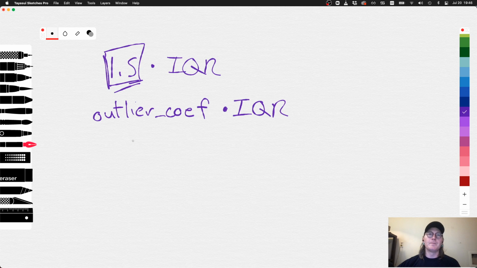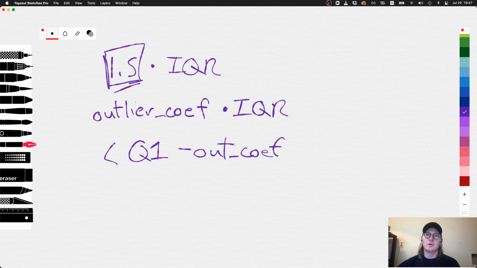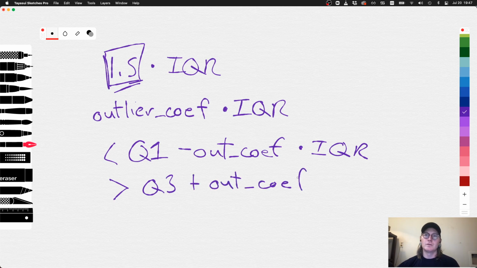So anything below Q1 minus the outlier coefficient times the IQR, and anything that is greater than Q3 plus that coefficient times the IQR is going to be an outlier.